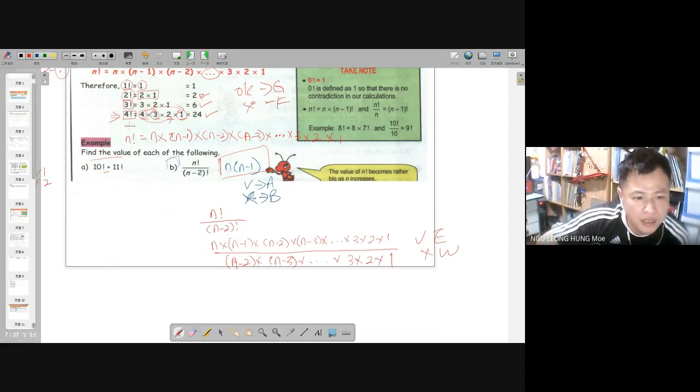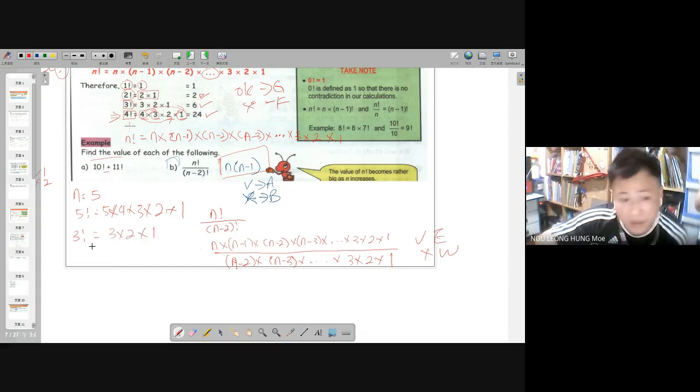Let's say n equal to 5, so 5 factorial will become 5, 4, 3, 2, 1, right? Then 3 factorial is 3 times 2 times 1, right? If n is 5, n factorial becomes n times n minus 1 and so on until 3, 2, 1.